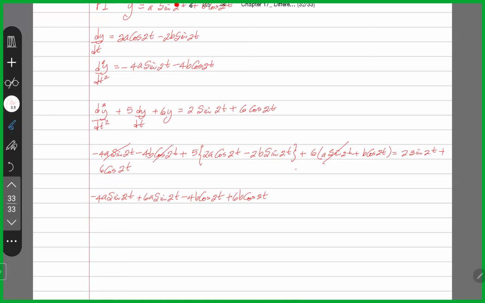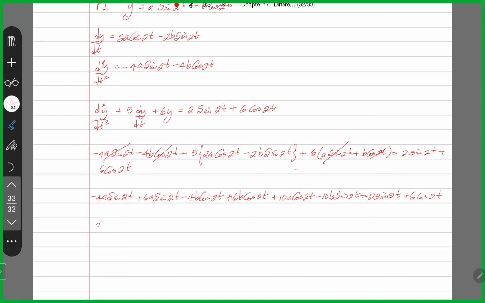That takes care of that and that, plus 5 2s are 10, 10a cos 2t minus 10b sine 2t, and this is equal to 2 sine 2t plus 6 cos 2t.